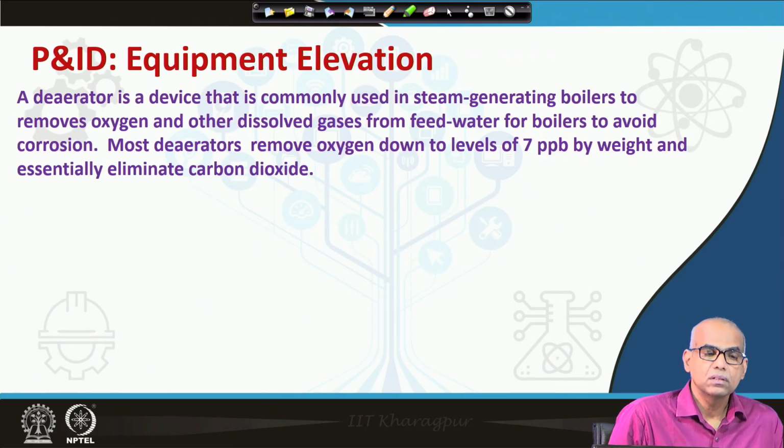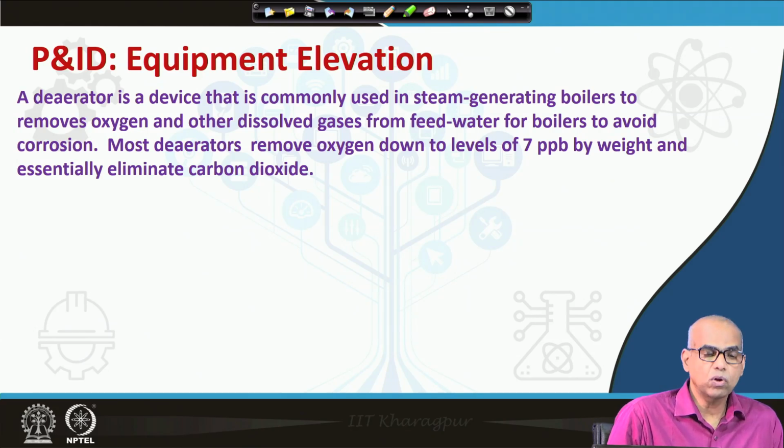Another example when equipment elevation is important is the location of the deaerator in connection with the boiler feed water. A deaerator is a device that is commonly used in steam generating boilers to remove oxygen and other dissolved gases from feed water for boilers to avoid corrosion.